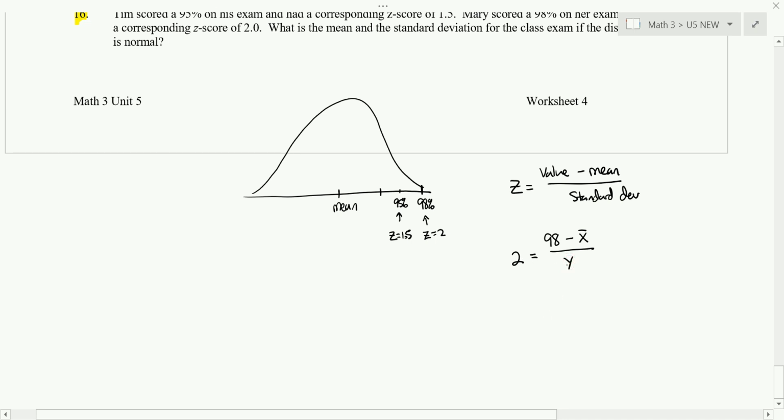And from this, I can multiply both sides of the equation by y to get 2y is 98 minus x bar. And then I could subtract 98 and get 2y minus 98 is negative x bar. And we can continue and get negative 2y plus 98 is an expression for the mean from that equation.